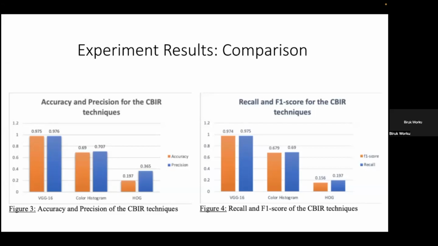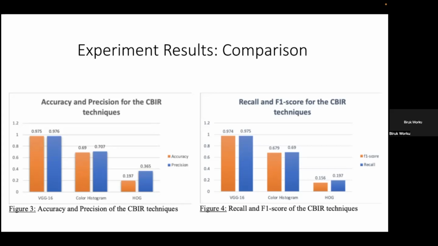In this slide, I'm going to talk about the performance evaluation of the 3 different content-based image retrieval techniques on the test data, which consists of 20% of the dataset from one database. Figure 3 presents accuracy and precision scores of the content-based image retrieval using VGG16, color histogram, and histogram of oriented gradients. As you can see, VGG16 produced extremely accurate image retrieval with an accuracy of 0.9, whereas the accuracy of image retrieval using HOG is found to be at a low of 0.19.